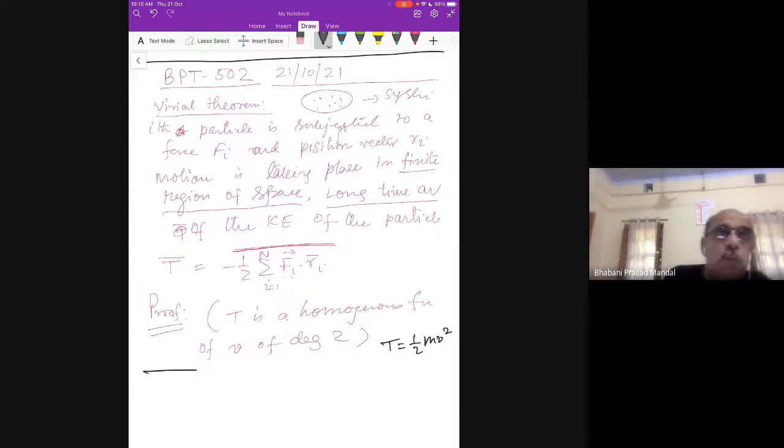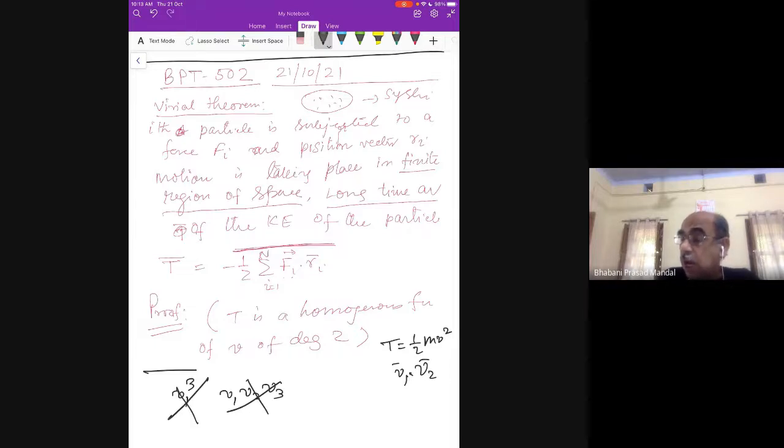You can also have v1 dot v2. This is also a quadratic function of velocity of degree 2, a homogeneous function. But you cannot have v1 cube, or v1, v2, v3, three velocities, because this kind of thing is not there in the kinetic energy. But this is a very reasonable and good assumption.